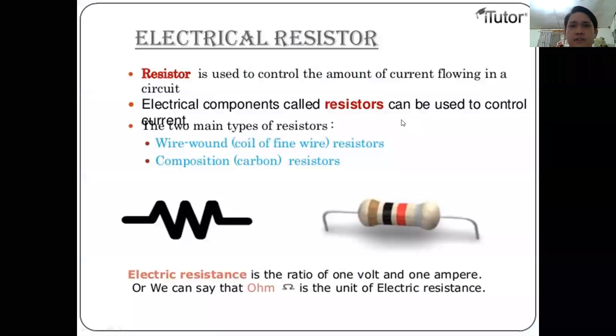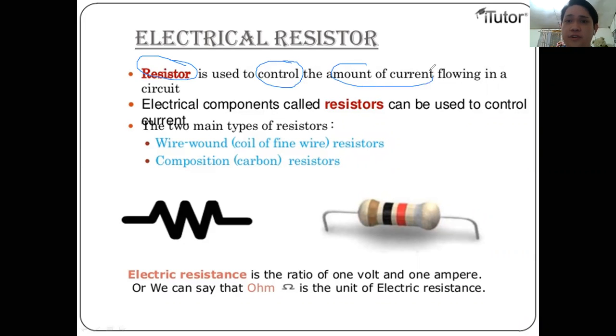Another thing, let's go to the electrical resistor. Let's start with the word resistor. A resistor is used to control the amount of current flowing in a circuit. I will highlight the words control and amount of current.